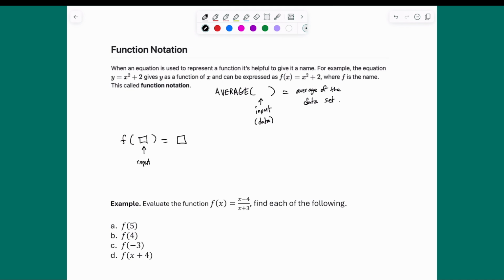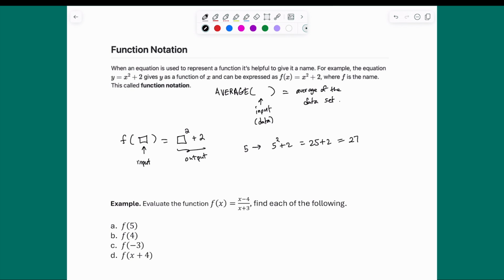Whatever that input is, you take the square of that input and you add 2. And that gives you the output. So for instance, if we took 5, we would square the 5 and add 2. So we would get 25 plus 2, which is 7. Excuse me, 27.